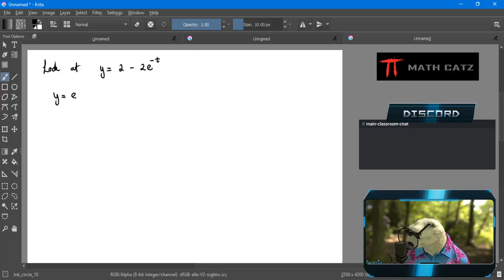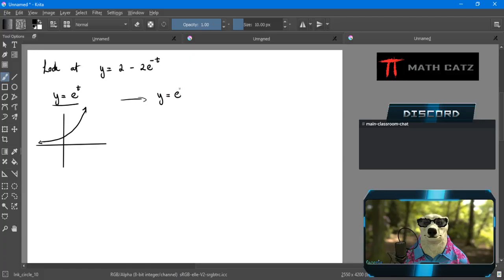If I start with my basic exponential function, like that, then I change my function from e to the t to e to the negative t. That is done by replacing t with negative t.